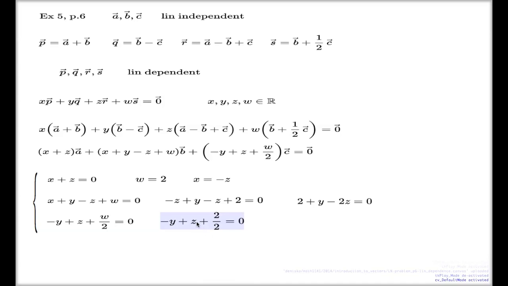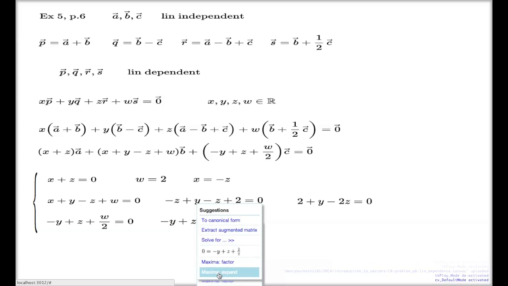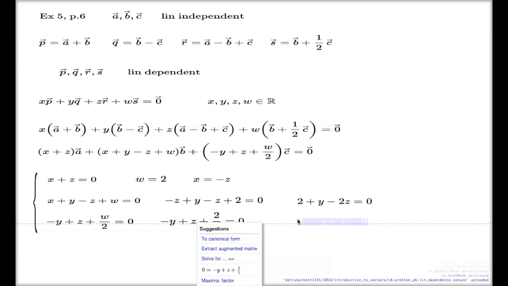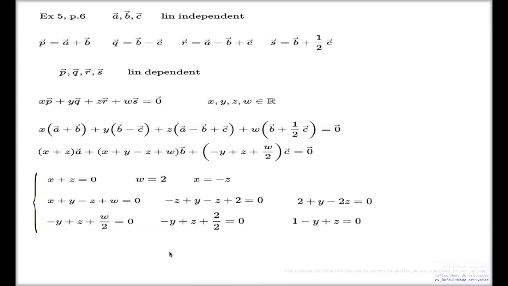It doesn't do the arithmetic straight away, but we can ask politely for that. And we come down to a system like this. I think even your intuition at this stage can tell that this system will be solvable. And again, there are a number of ways you may have to solve this system. I'm not going to bother you with that. I'll just bluntly use the software straight away.